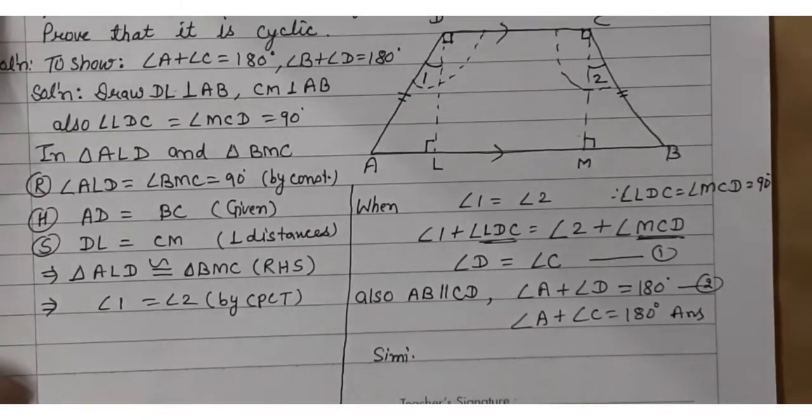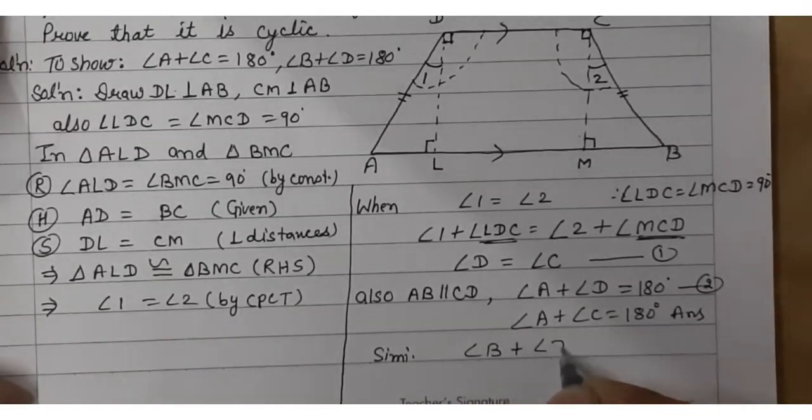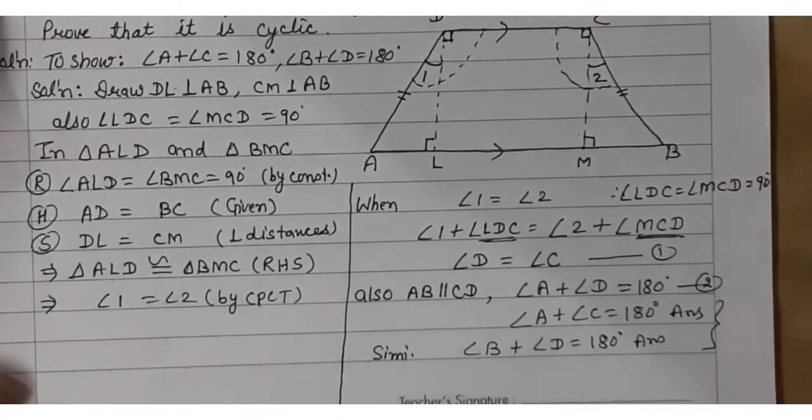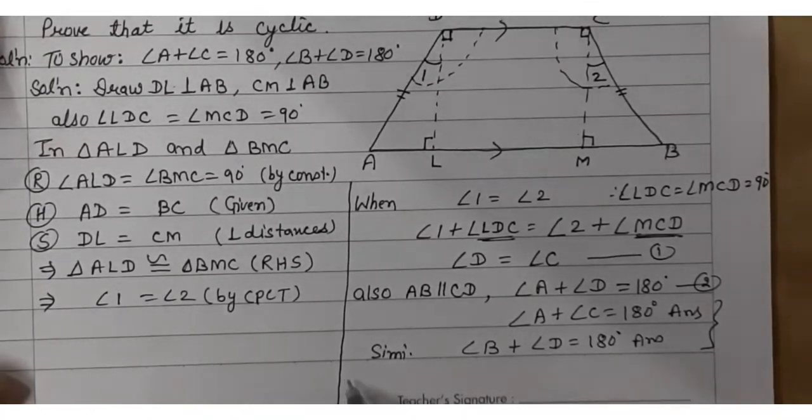Similarly you can show angle B plus angle D is equal to 180 degree. What is the meaning if A plus C equal to this and B plus D is equal to this? Its meaning is ABCD is cyclic.